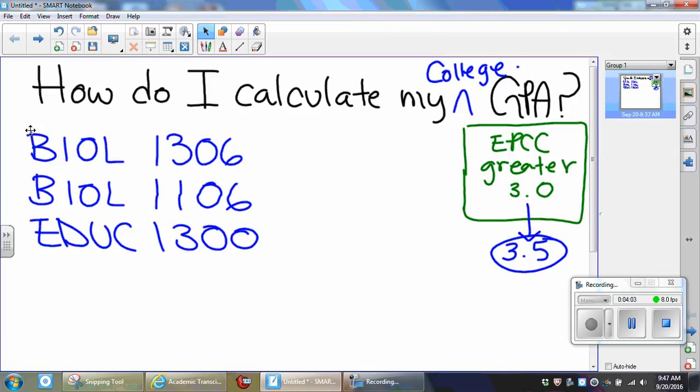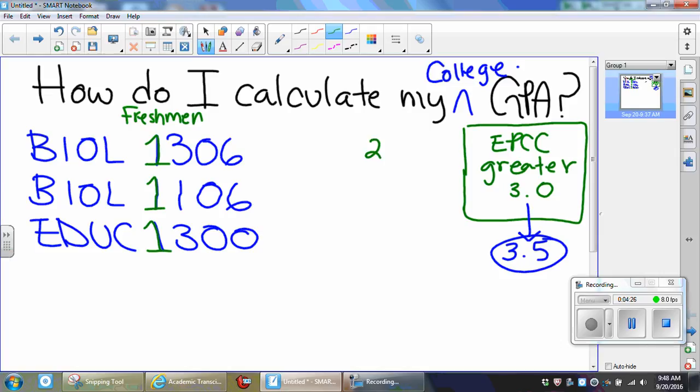So let's see what each number represents. Well, the first number represents the level. So if the course starts with a 1, that means that this is a freshman college level course. If your course starts with a 2, such as, let's say, biology 2420, that is anatomy 1, this will be considered a sophomore level course.